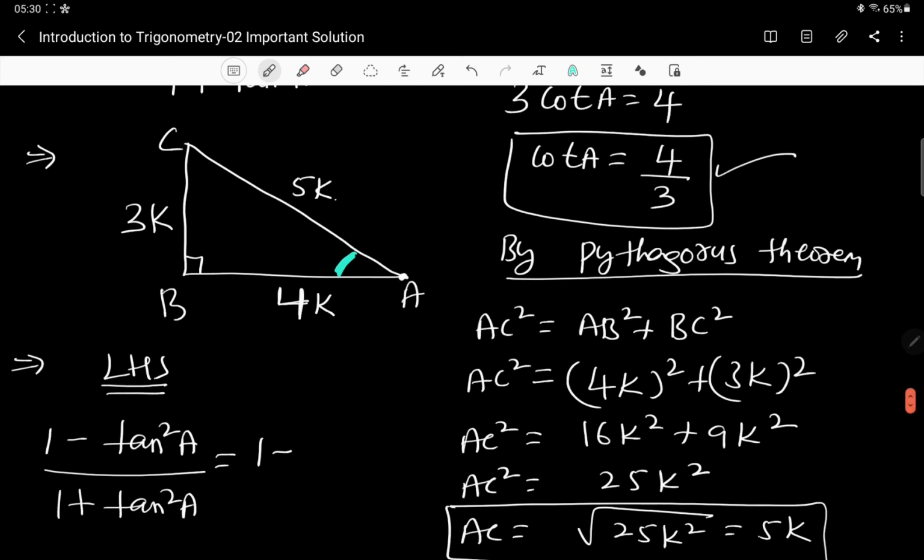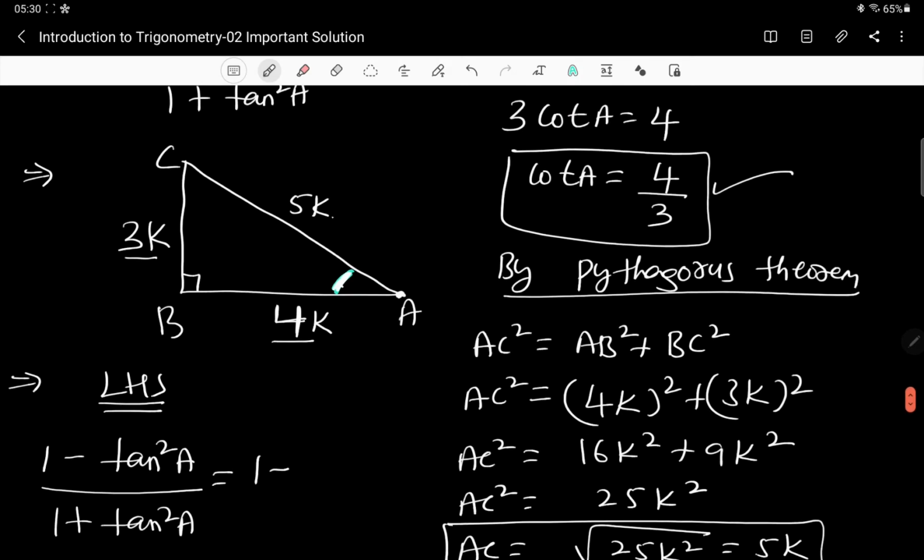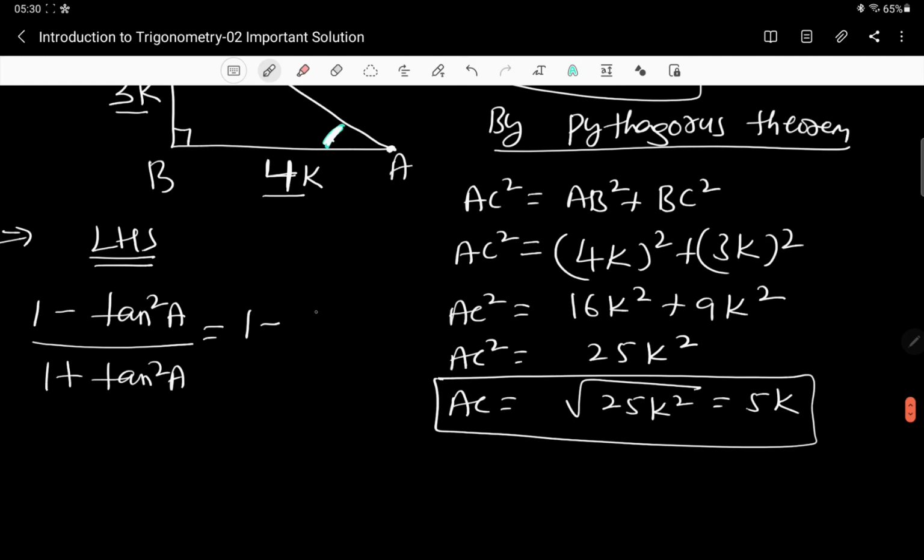Cot A is 4 by 3 means tan A is 3 by 4, and you can get this from the triangle also. Here is the angle A, right? Opposite is 3, adjacent is 4, so it becomes 3 by 4. So it becomes 1 minus 3 by 4 whole square divided by 1 plus 3 by 4 whole square.